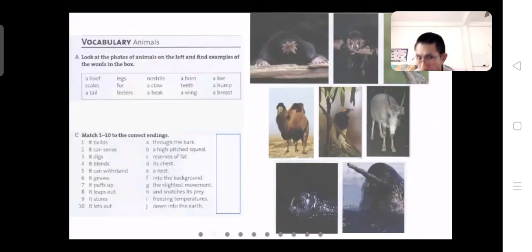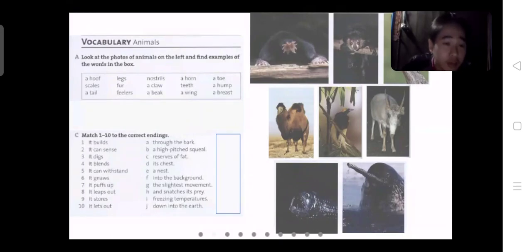Okay, this is my part to present the vocabulary of animals. You all see the picture at the right. We see animals like the camel, a bird, a fish, or anything else. And we see the keywords in the box. I will explain the keywords and put the words on the picture to make it easy for you to understand.